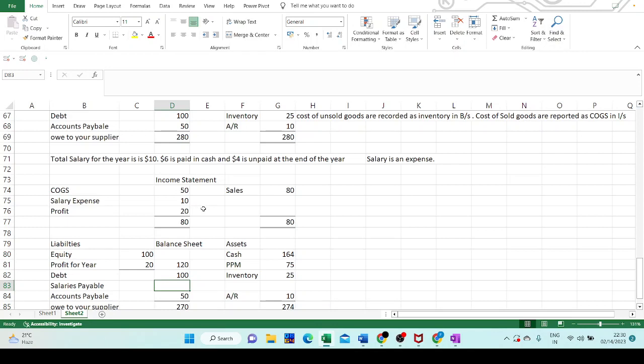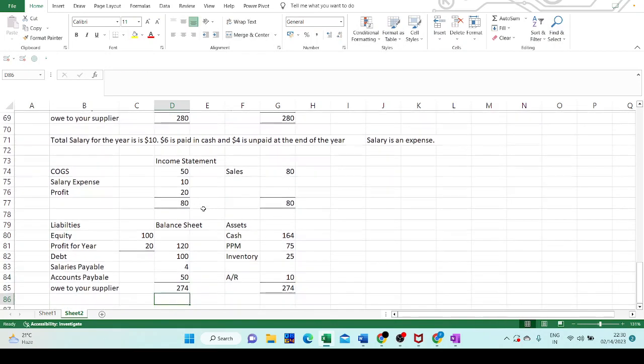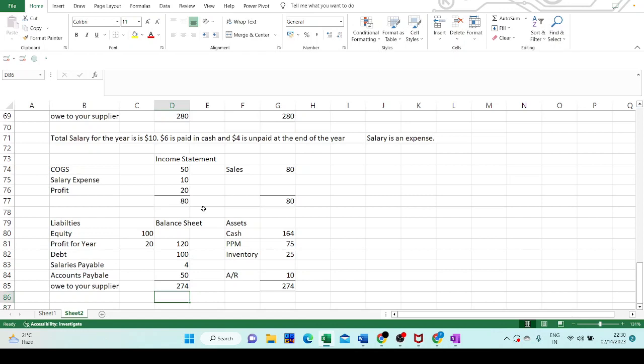This unpaid salary will result in an outflow in the next year. It's an obligation that you owe to your employees, and any obligation is reported as a liability, right? And this liability would result in an outflow in future years.